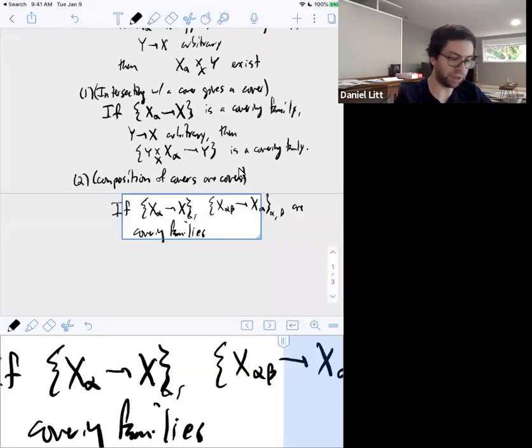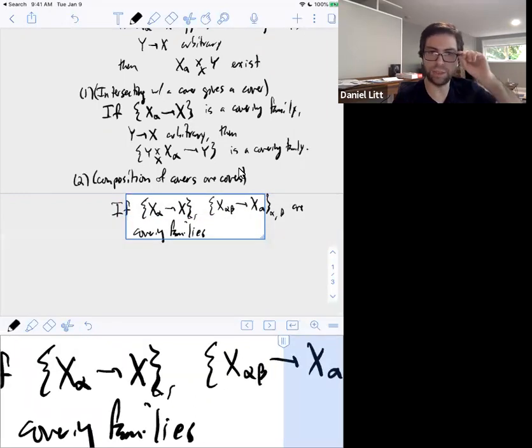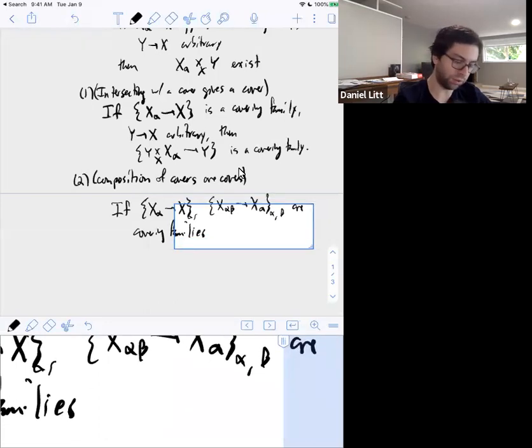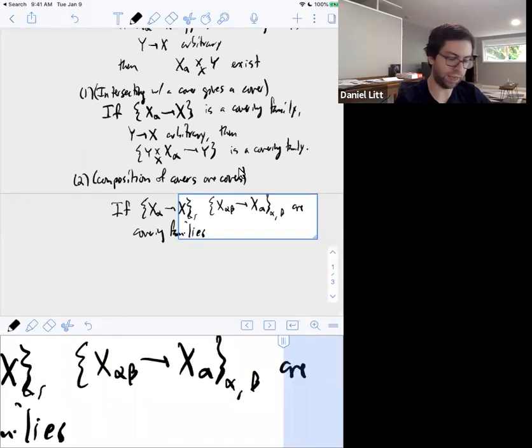Here we have a cover of X, X alpha to X, a bunch of things mapping to X, which we're calling a cover. And then for each of those X alpha, we have a cover of those X alpha. If we have this data, then you can compose. You can go from X alpha beta to X alpha to X.